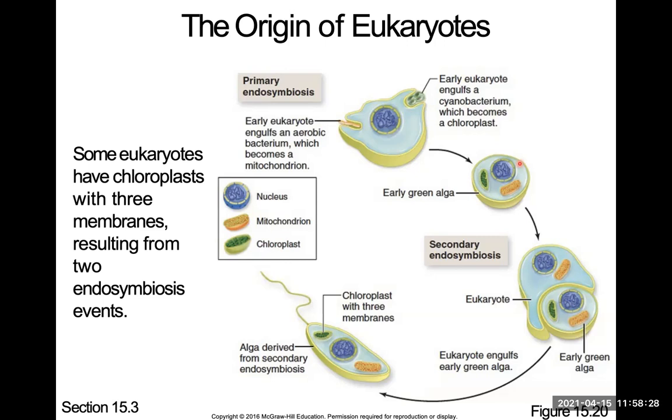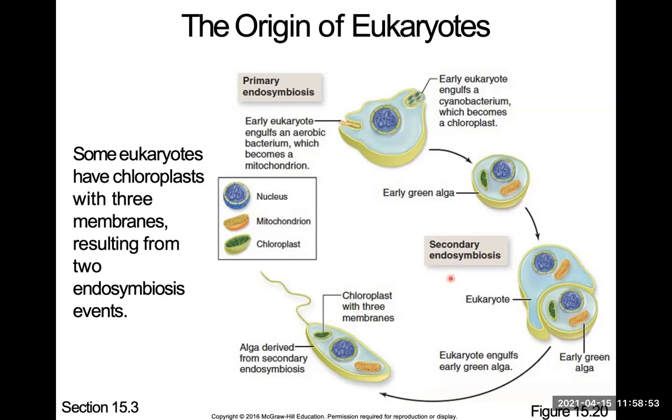Then there was something called secondary endosymbiosis, meaning this happened twice. So in this, you have this eukaryotic cell that engulfed this early green algae. And now it has both. It has chloroplast and it has mitochondria, and the nucleus has the genetic material. So that's the secondary symbiosis.